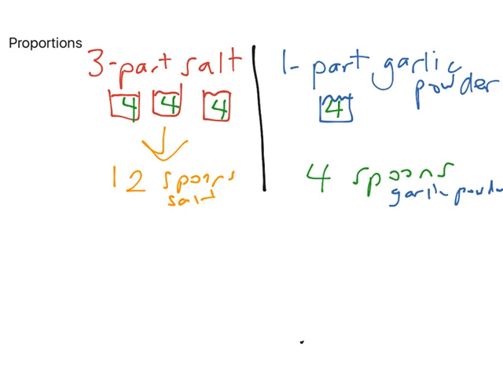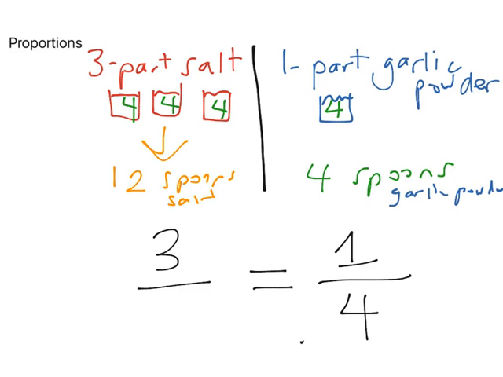We know that 1 part of garlic powder is 4 spoons. So 3 parts of salt is how many spoons of salt? This is 2 fractions that are equal. So this is called a proportion. A proportion is just 2 fractions being equal to each other.